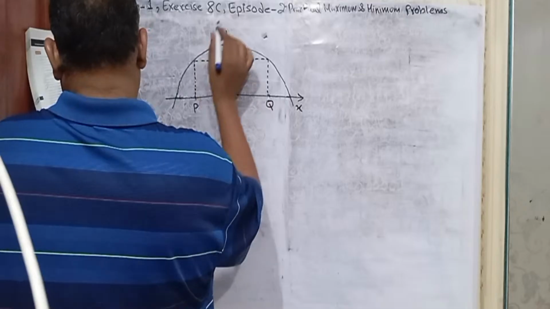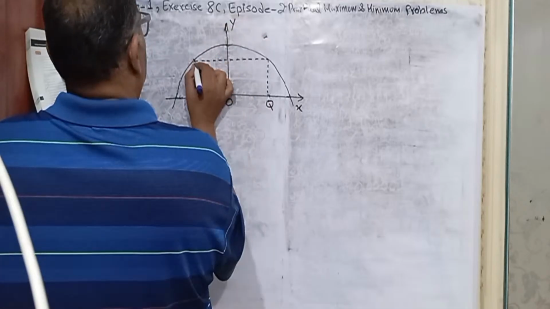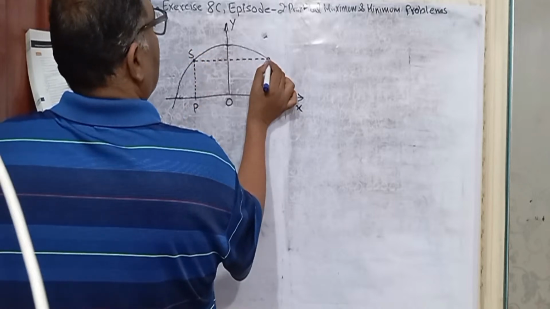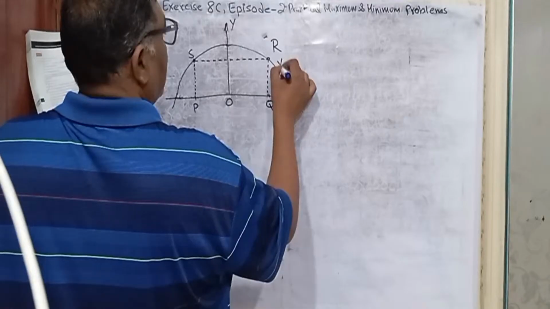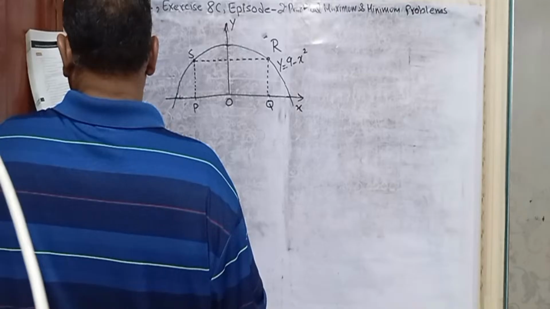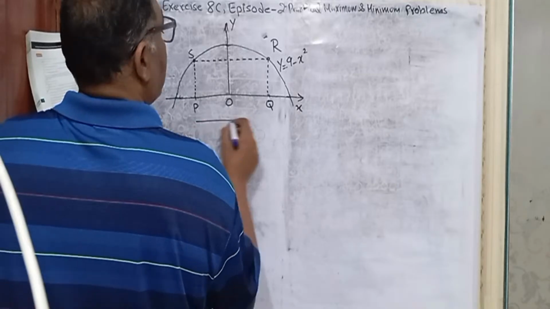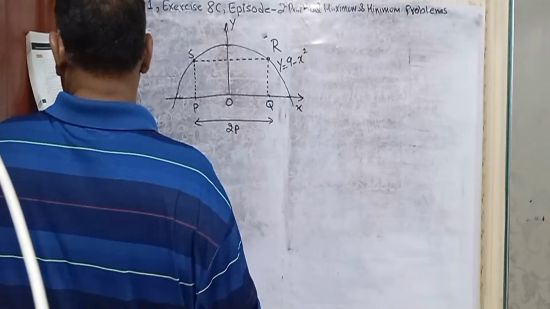This is the y-axis. This is the point S. This is the point R. Basically, y is equal to 9 minus x squared. This thing is basically 2p units.